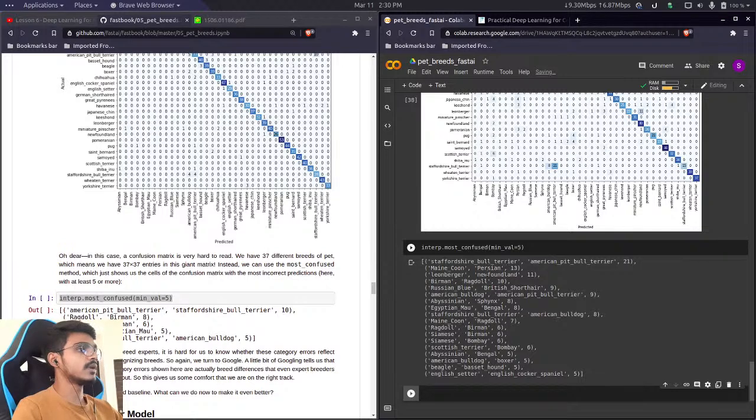So in my model as well, Staffordshire Bull Terrier and American Pit Bull Terrier are classified incorrectly.